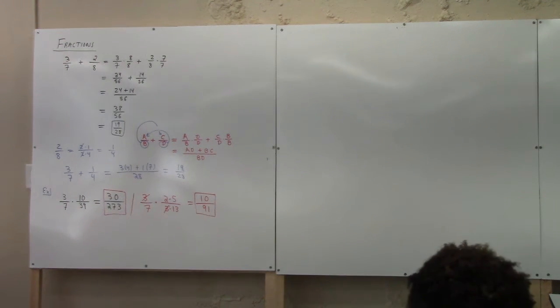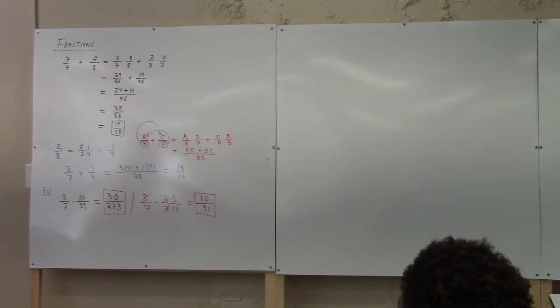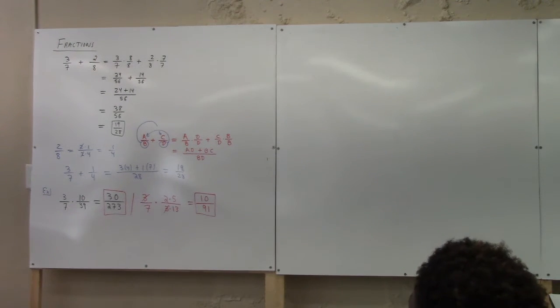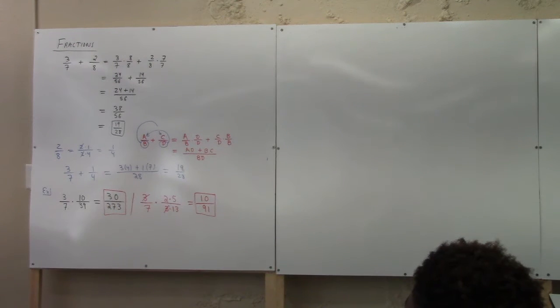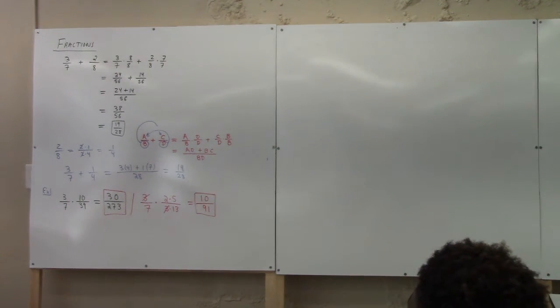Right? So I'm just trying to remind you of some tips and tricks for how we do arithmetic with fractions. So the one issue is to add fractions, we have to give them the same denominator, right? Other things we can look for is how do we reduce fractions, right? Looking for common factors we can cancel.